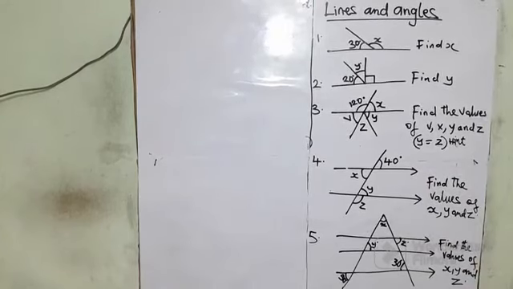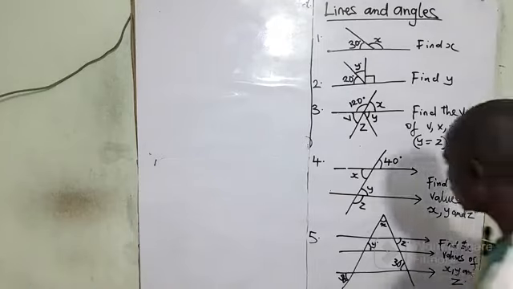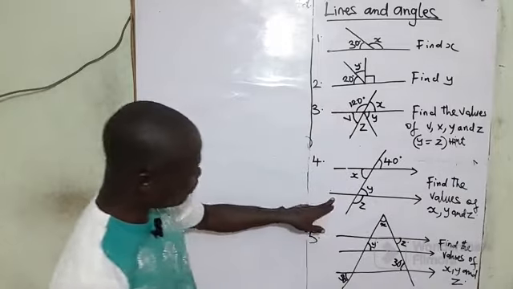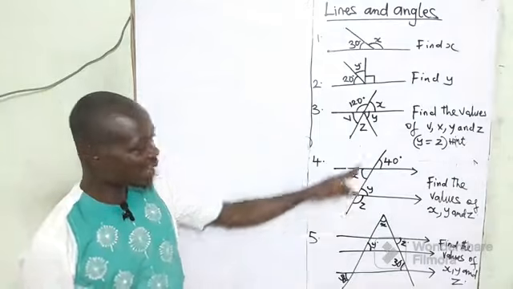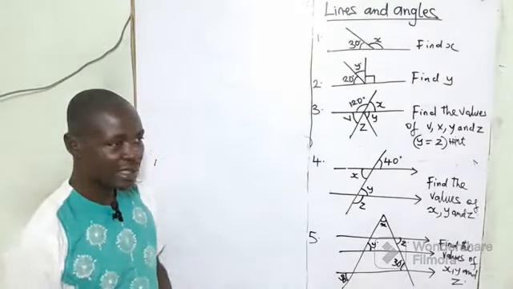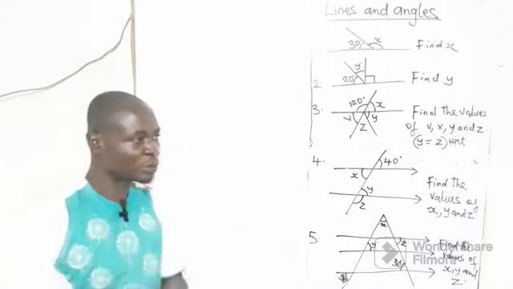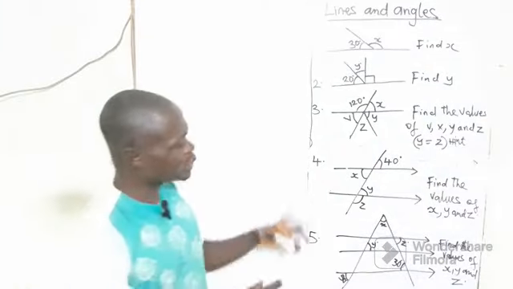Looking at question number 4, we can see that it is a parallel line with a transversal cutting it. We already stated that when we have parallel lines and a transversal, a straight line crossing the two parallel lines, corresponding angles are equal and alternate angles are equal.